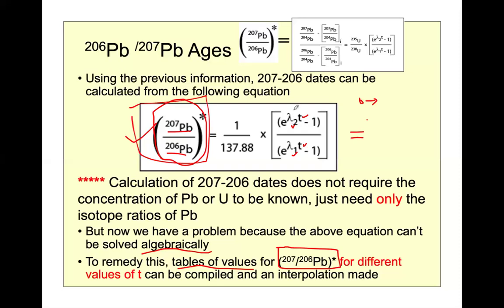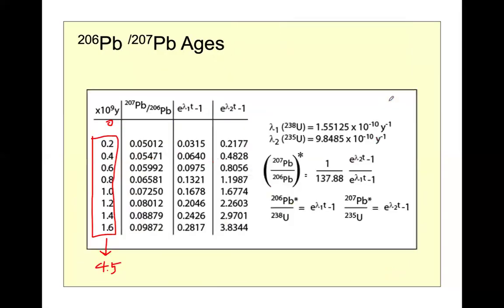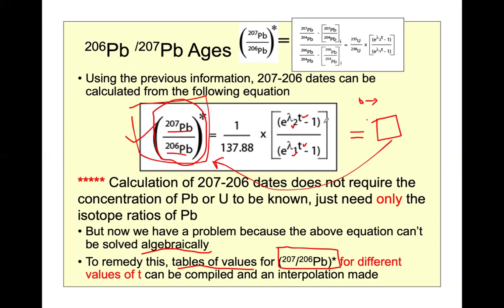So directly you can apply lambda 1 and 2 values there, and then multiply by 1 over 137.88. That will give you some answer, and that answer will be equal to this ratio. So for each corresponding t, there is a value.